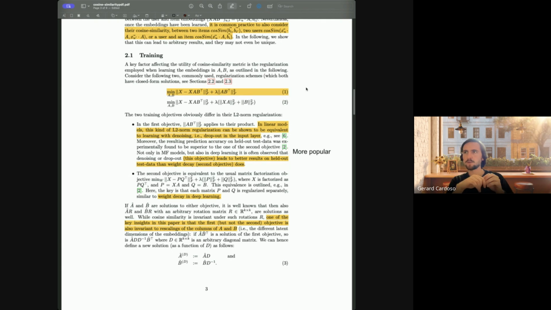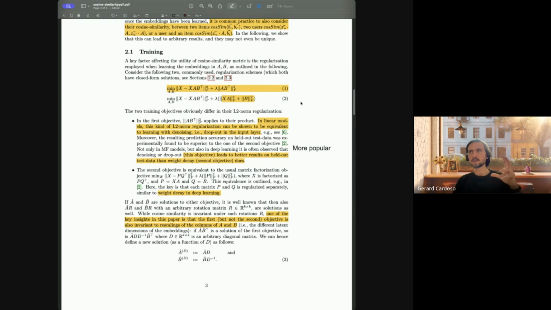So effectively you're forcing the model to disregard certain features when you're training it. And the second one is where they regularize the matrices independently, and that's more like weight decay. So you make sure that the weights of those matrices aren't too big, which could suggest overfitting.